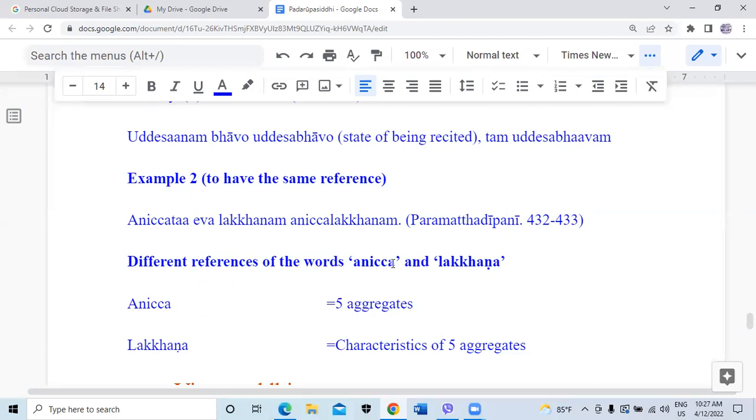And then Taddhita samāsa also can be used as adjective sometimes, especially Taddhita samāsa and the kita words. For example, Bhūmigata, okay?